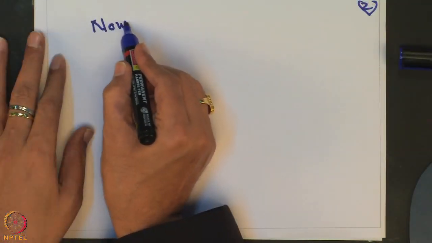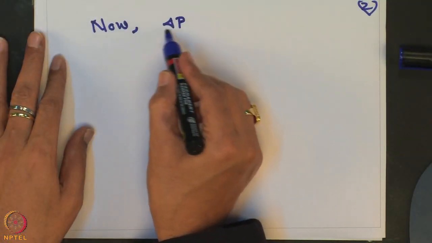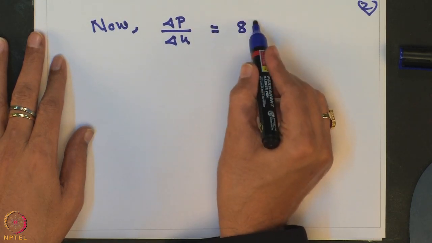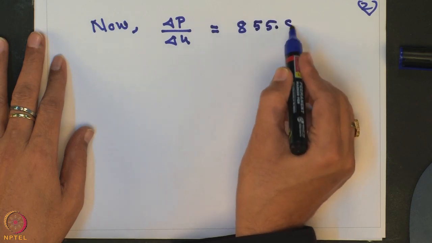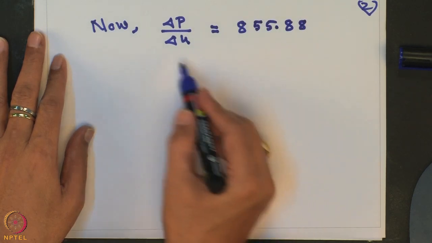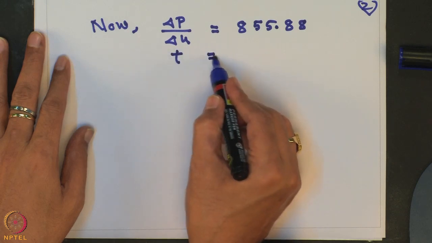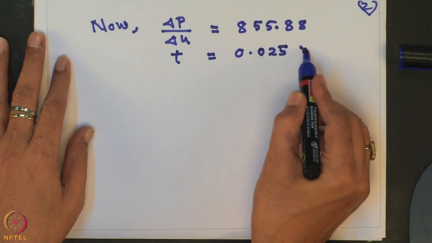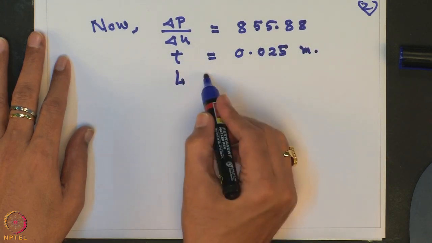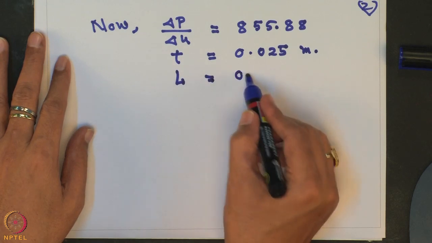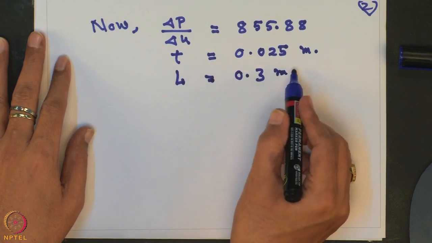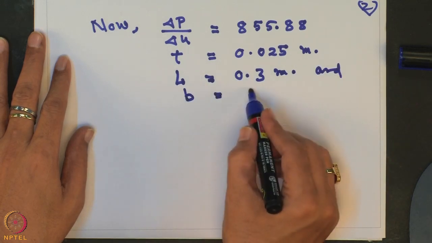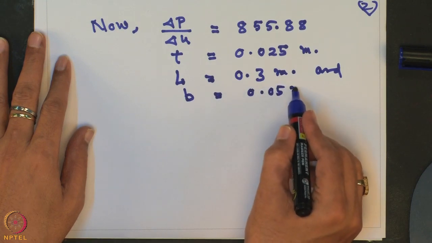Now, you know del P by del U is equal to 855.88, and the thickness is 0.025 meter, and you know the length of the sample is 0.3 meter, and B is equal to 0.05 meter.